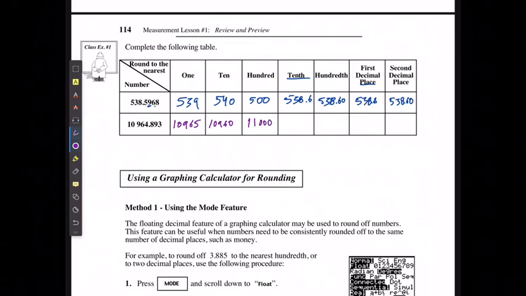So the 10th is going to be 10,964.9, which is the same as the first decimal place. And the 100th is going to be 10,964.89, which is the same as the second decimal place.